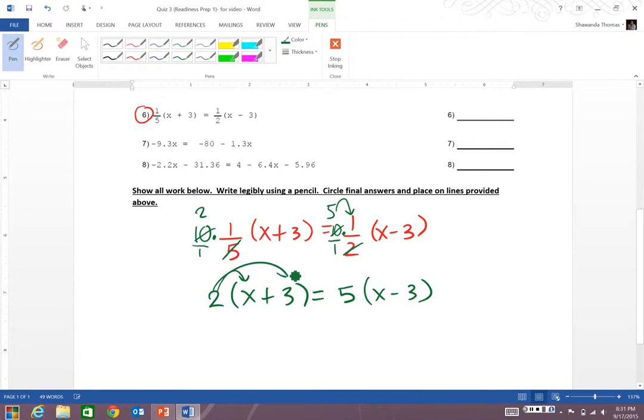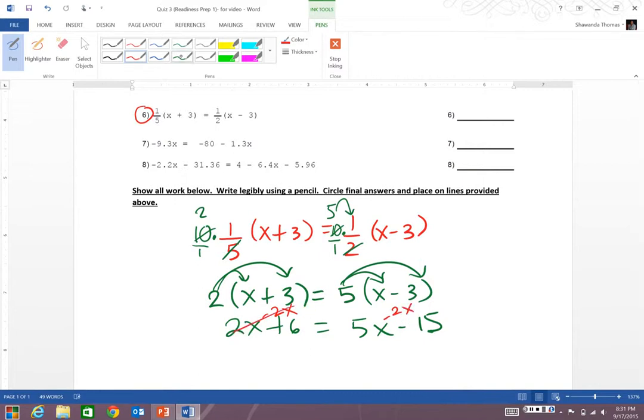Let's distribute now. 2x plus 6 equals 5x minus 15. I'm going to subtract 2x from both sides. Now we just have 6 equals 5x minus 2x, like terms, is 3x, minus 15.